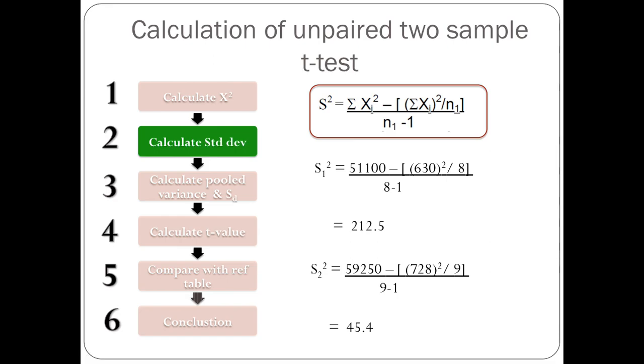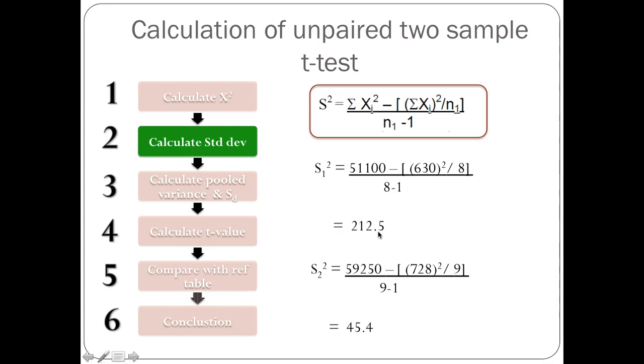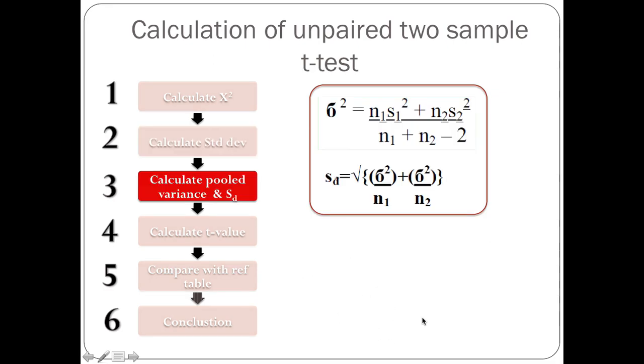Let's move into the third step, calculating the pool variance. So this is the formula for the pool variance. It's quite simple. What you need are the variances that you have already obtained over here. S1 square is actually 212.5. Your S2 square is 45.4.